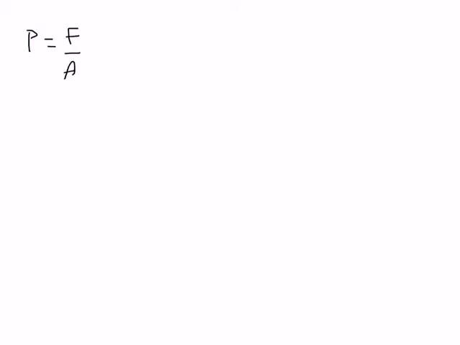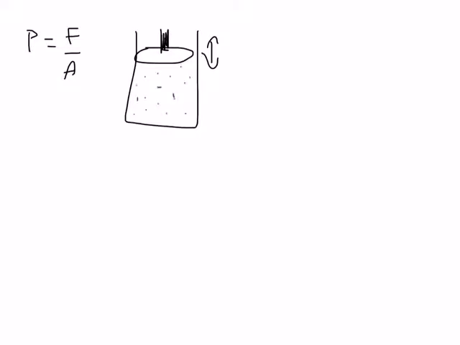And so what's really happening, the picture of this system, is that we have a bucket with a piston kind of like that. This is our piston that can move up and down. And the gas is all in here bouncing around, and it exerts a force upward on that piston that opposes gravity.